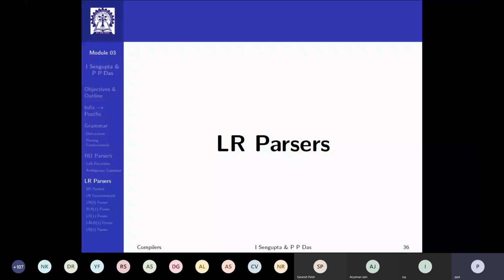That is a choice that we make for different classes of parsers.